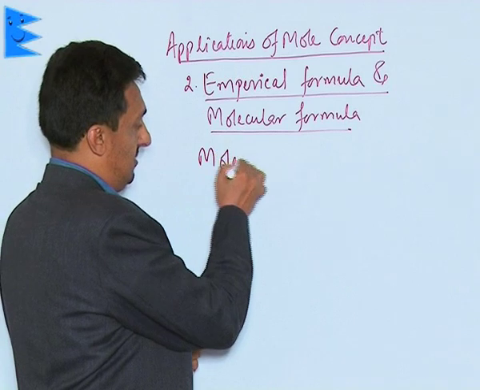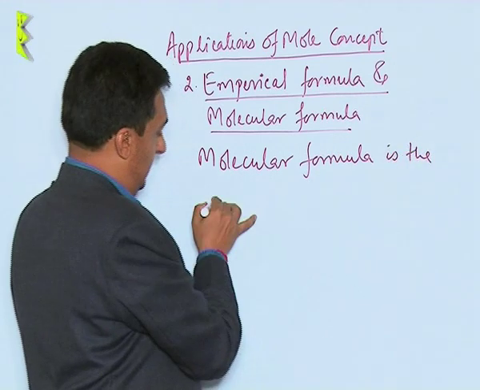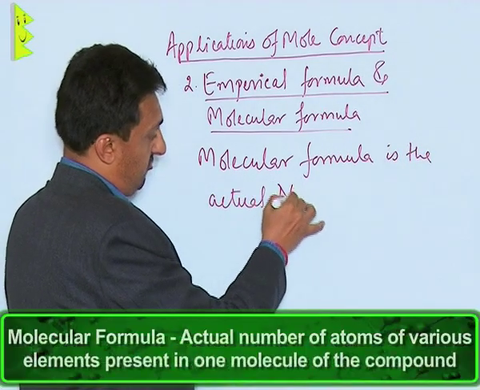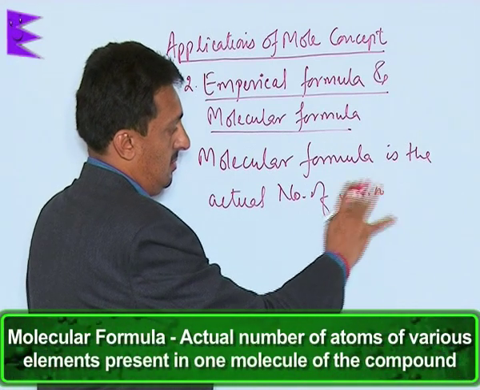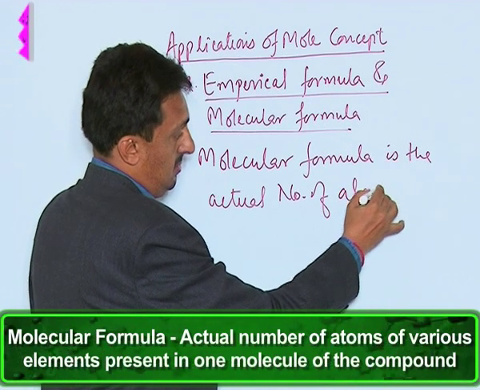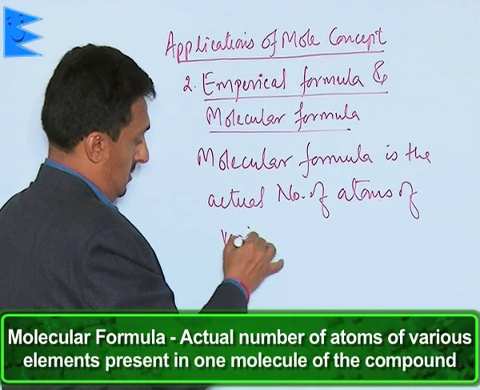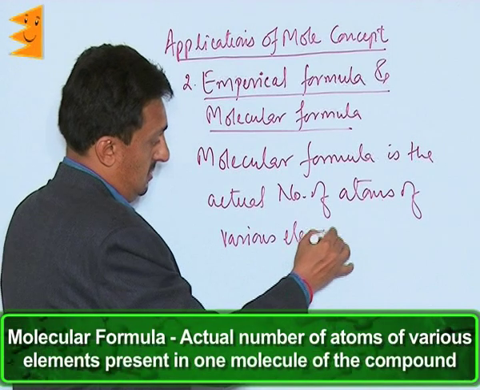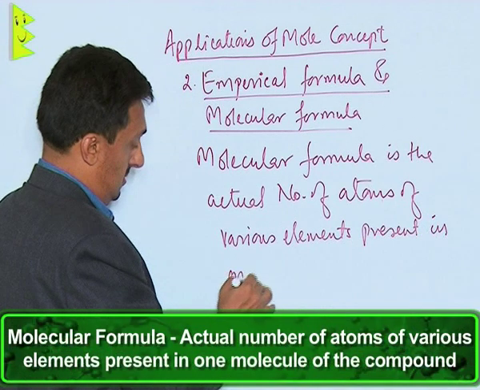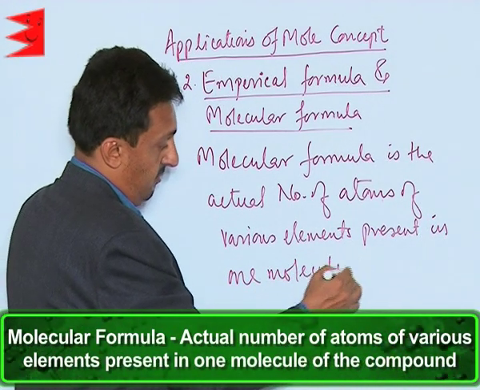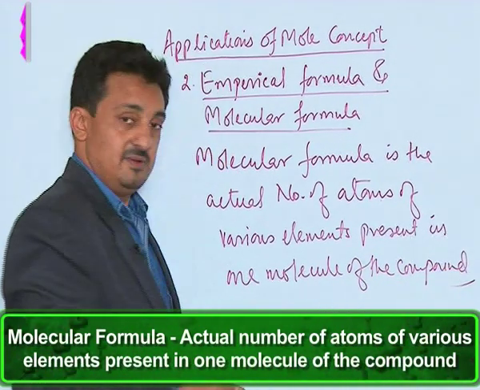The molecular formula is the actual number of atoms of various elements present in one molecule of the compound.